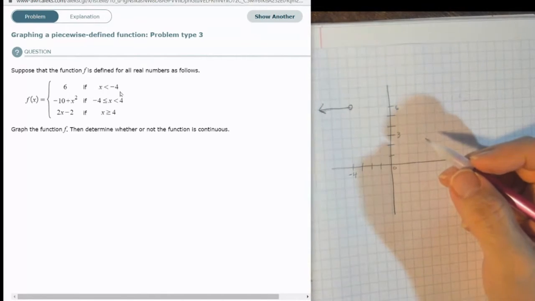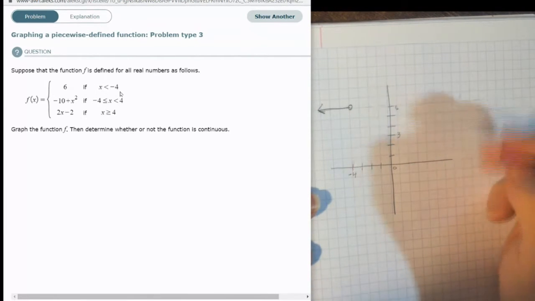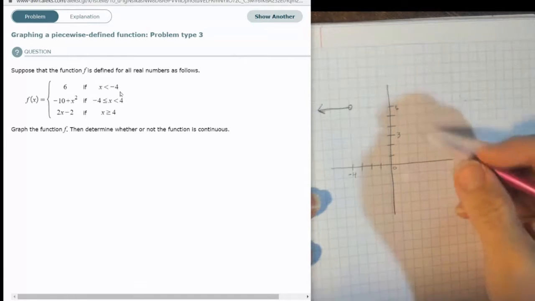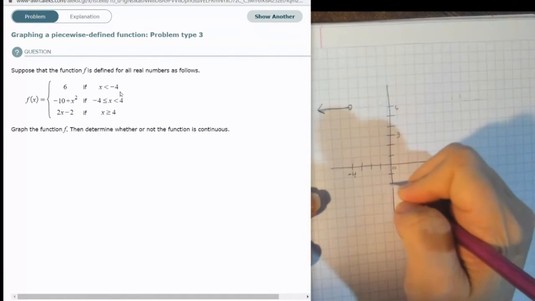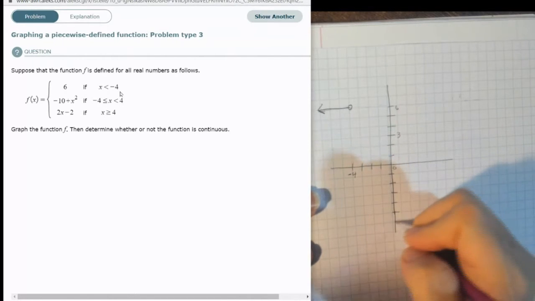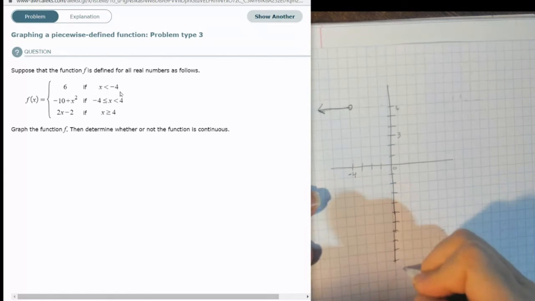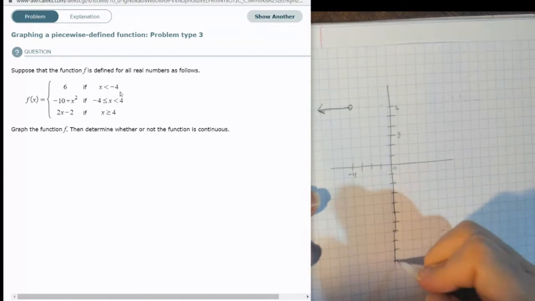And you go to the next one. That's a parabola. I know it's a parabola because it's x squared. It's positive, so the parabola goes upward. The -10 moves it down 10: 5, 6, 7, 8, 9, 10. And it's going upward.